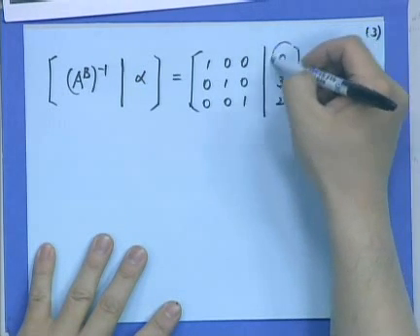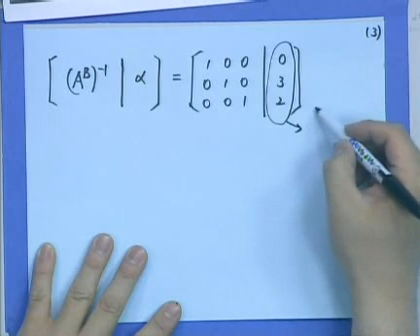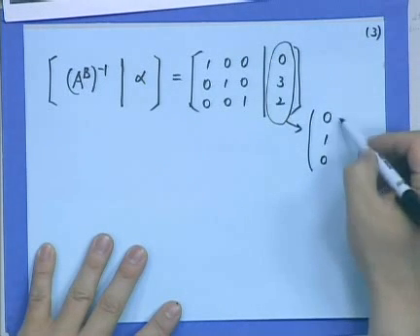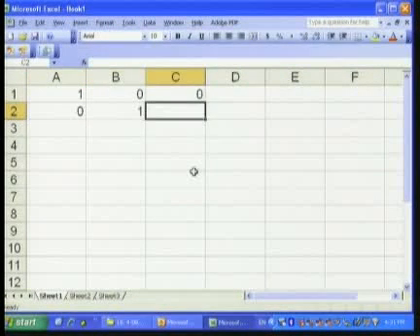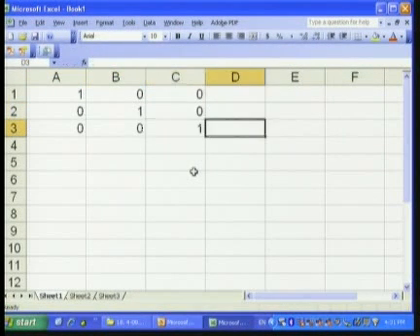Then we should make this part 0, 1, 0. Right? Last time I used Excel to do that, and let me do this again. 1, 0, 0, 0, 1, 0, 0, 0, 1, and 0, 3, 2.